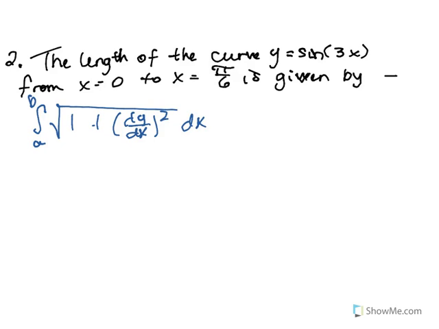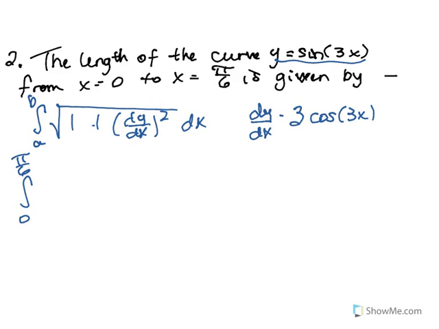To use this formula, I need dy dx, and my y is sine 3x, and so that derivative would be 3 times cosine 3x. I'm just going to substitute this into the arc length formula. 0 to pi over 6, square root of 1 plus 3 cosine 3x squared dx.